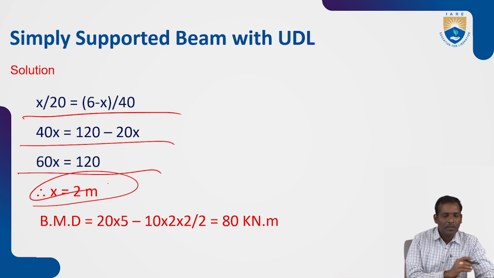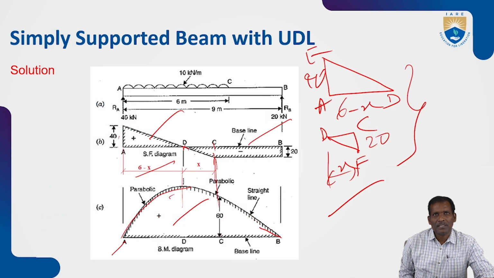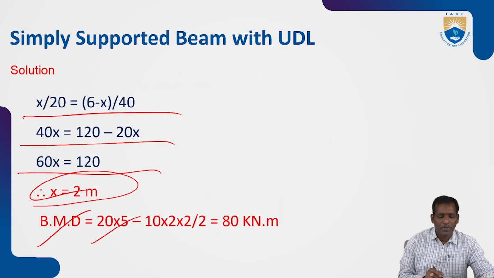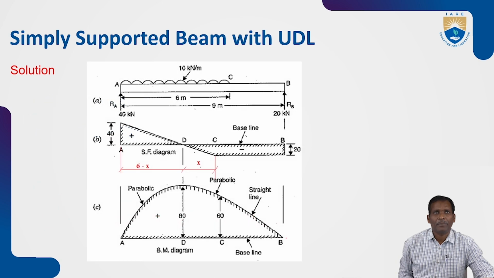Therefore, you will get the x value. Now the bending moment at D: calculate 20 multiplied with 5 minus 10, that UDL load, into 2 into 2 by 2. So half of the distance, W into L into L by 2. So we will get 80 kilonewton meter.